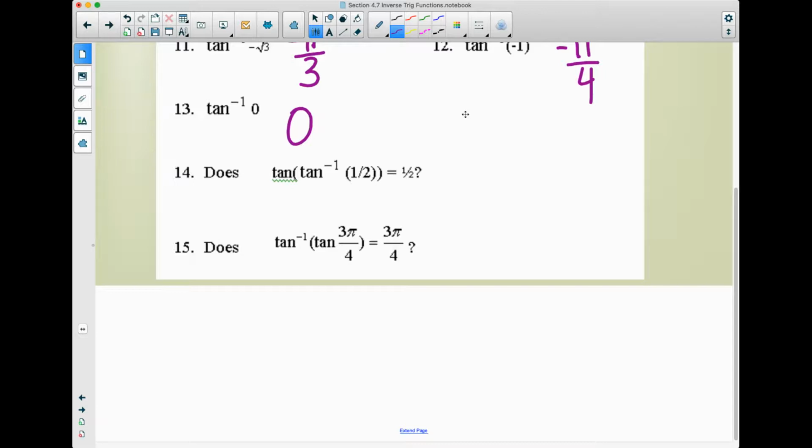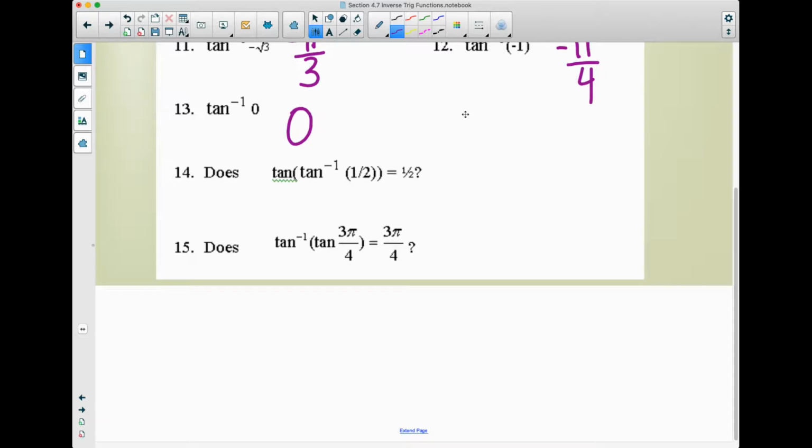Looking at this example, I'm asking myself the question, where is tangent 1/2? Just like compositions you did in Algebra 2, where you took an equation, you plugged it into another. You always dealt with the inside first, and then you worked outwards from there, just like please excuse my dear Sally. If I want to know where is tangent 1/2, that's not on my unit circle.